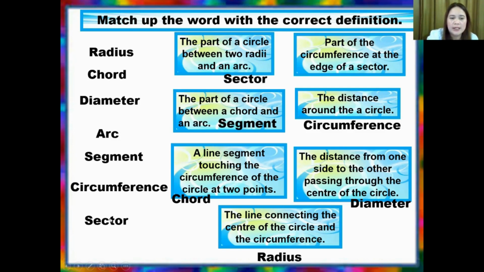And then we have radii, a plural of radius. And then let's have one more. An arc is part of the circumference at the edge of a sector. So please try to remember these definitions and try to know also how to identify different parts of a circle.